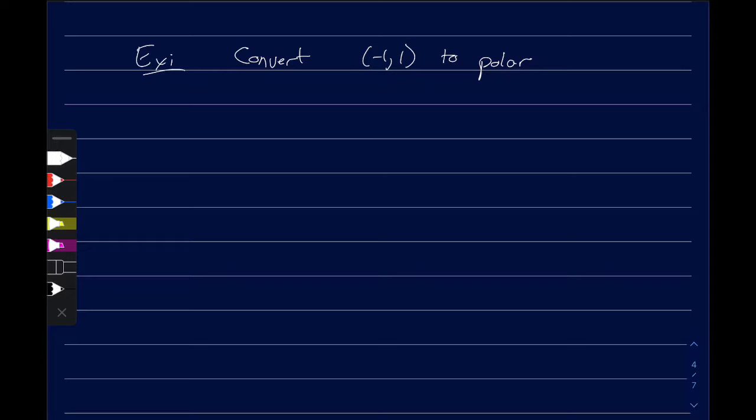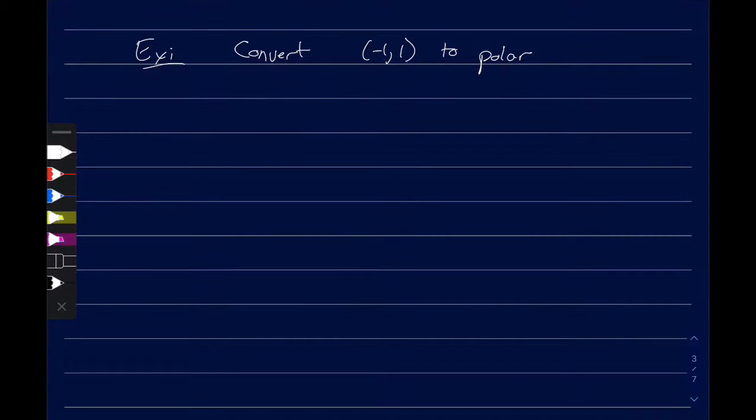So now let's do an example of converting Cartesian to polar. If we want to convert (negative 1, 1) to polar, let's start by graphing it. So negative 1 and 1, we have a point, (negative 1, 1), here in the second quadrant.